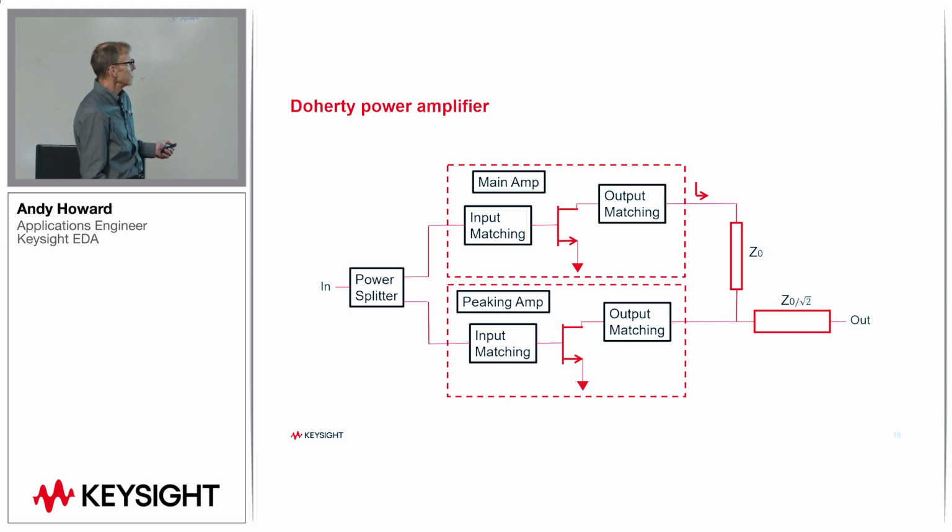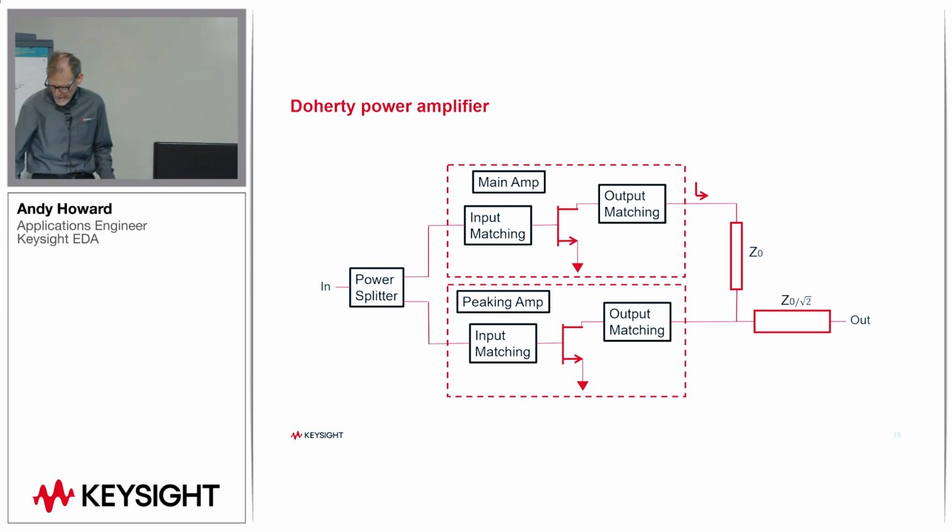And as the input power increases, the peaking amplifier turns on, and you want the main amplifier to operate at a higher power level. So the loading it sees changes as the peaking amplifier turns on. So the load presented here is different depending on the input power level.